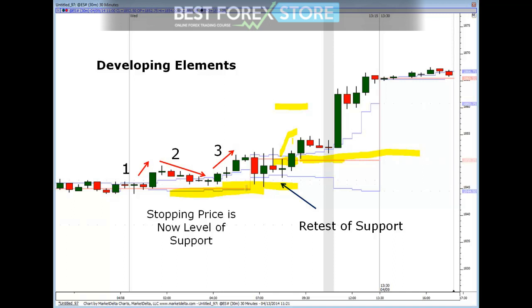Now, an important point to make here. Just because a volume point of control shifts up does not always mean that there is momentum to the upside or we're going to continue higher. It merely means that the price level where the greatest volume is being traded has shifted upwards. It could be that this new level we've shifted up to is a resistance level, and we're going to drop from here on.